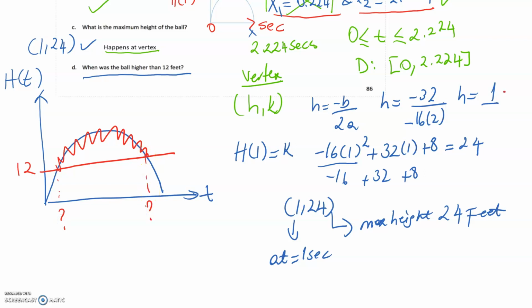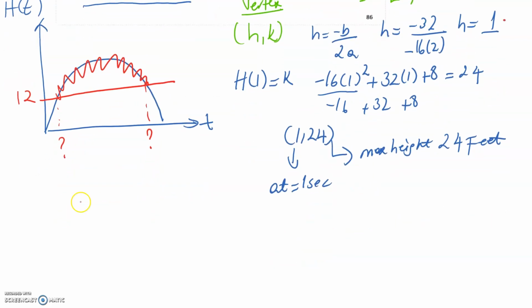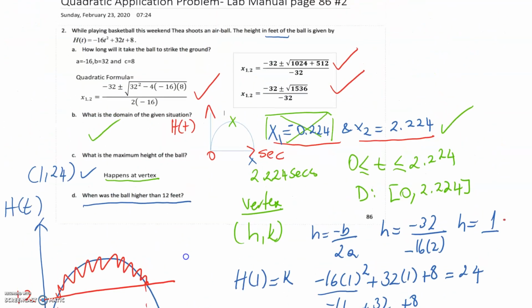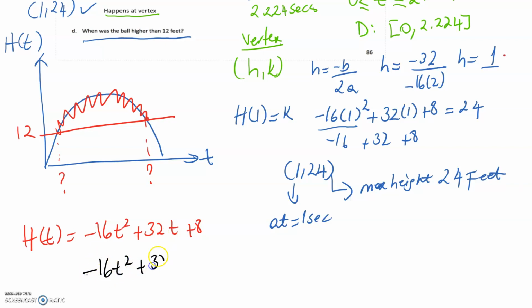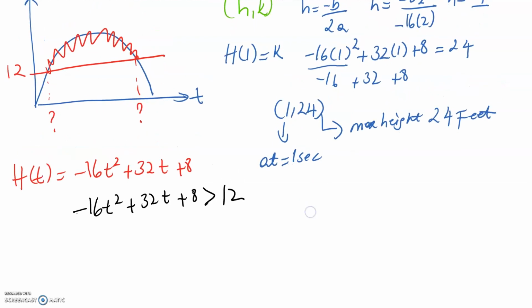That's the question. I have my h of t function given, which is negative 16t squared plus 32t plus 8, and we want that function to be greater than 12. It's kind of like solving inequalities.